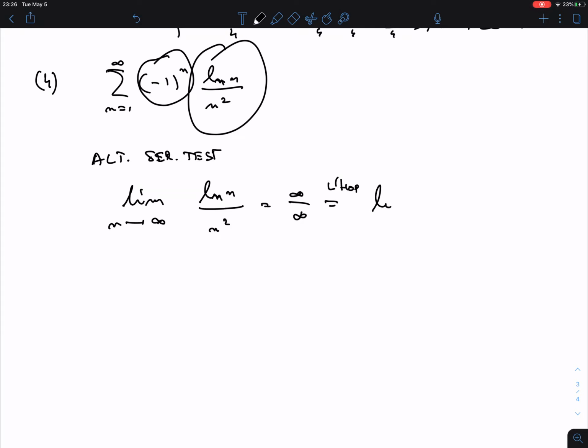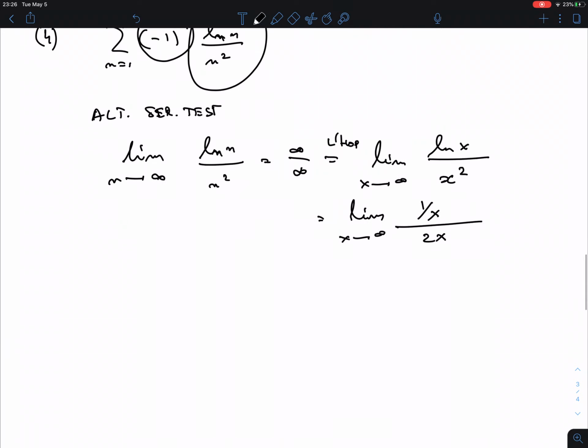So first of all, I should now think of these as functions of x, a real variable, because I have to take derivatives. L'Hopital now says take the derivative of the top, that is 1 over x, and the derivative of the bottom, 2x, and that's it. It's not the quotient rule, but please do not confuse those two.